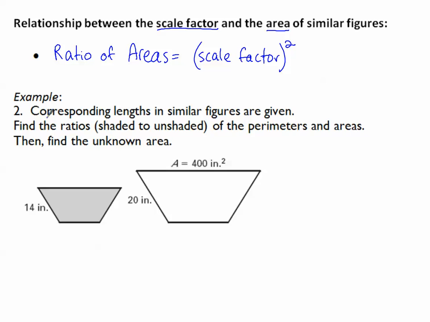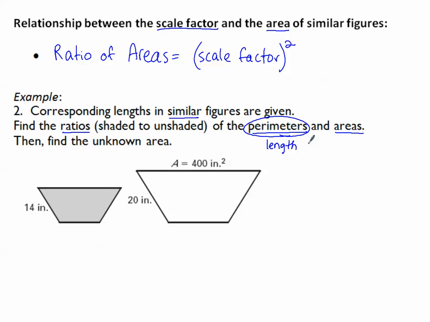Example 2, corresponding lengths in similar figures are given. Find the ratios, shaded to unshaded, that's just helping us remember to go from left to right, of the perimeters and the areas. Then find the unknown area. So first the ratio of the perimeters. So we have to remember perimeter is a length.